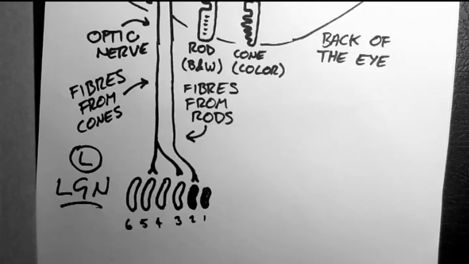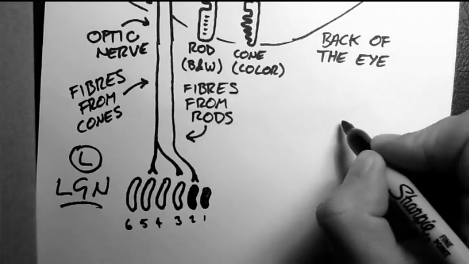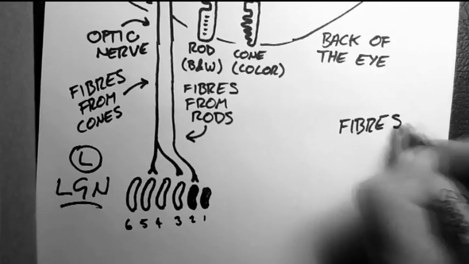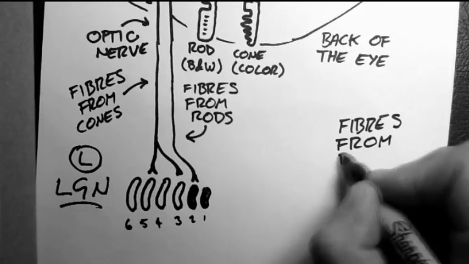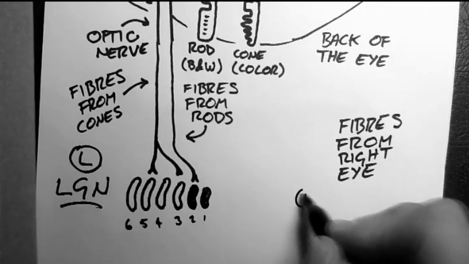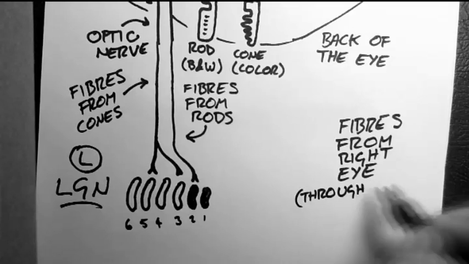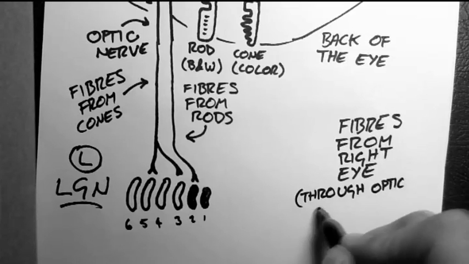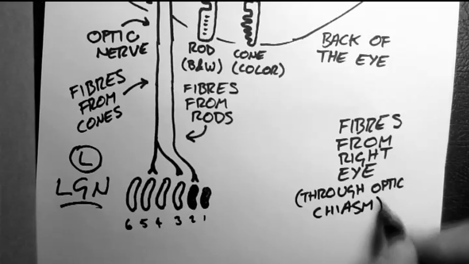Now the fibres from the other eye would cross through the optic chiasm and here they are here.